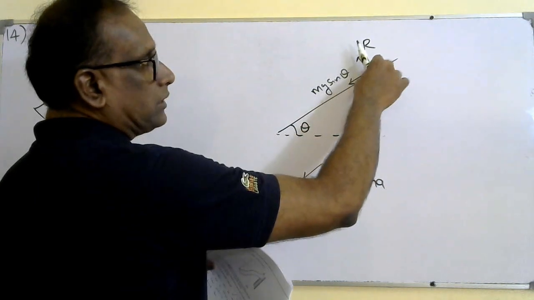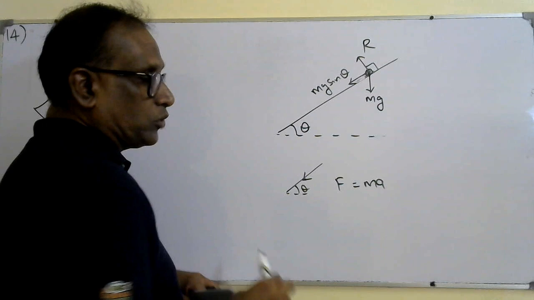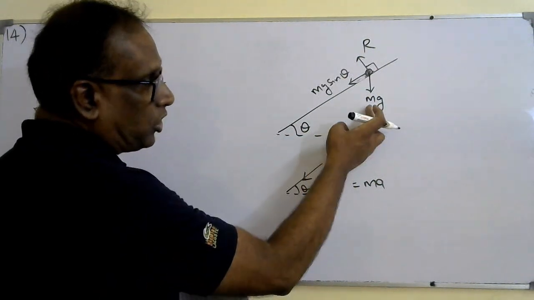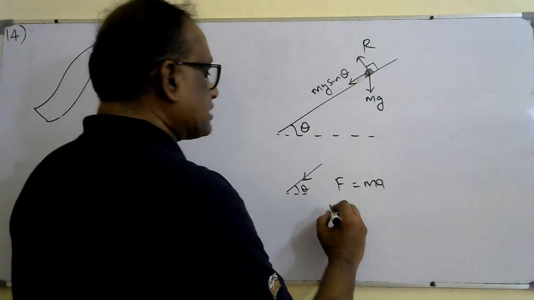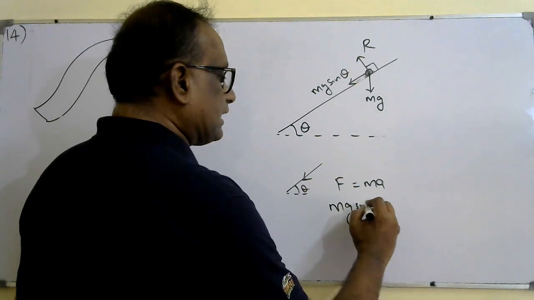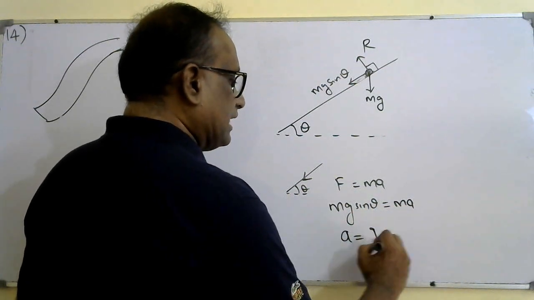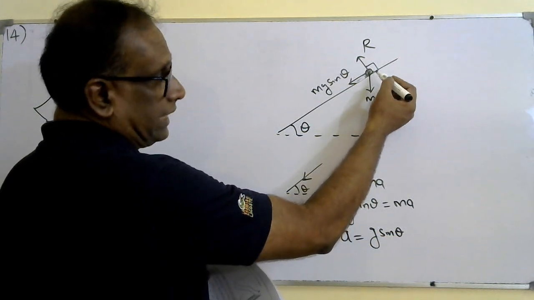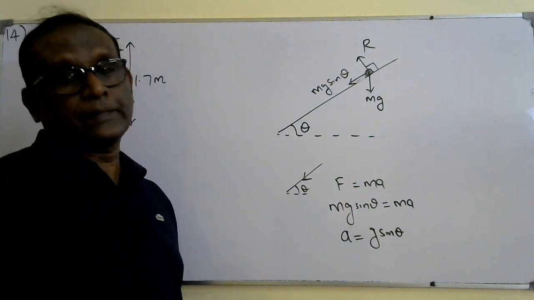So the only force acting along the slope is the component of the weight, mg sine theta. So mg sine theta equals ma, so a is g sine theta. That's the acceleration when the child slides along a straight slope when there is no friction.